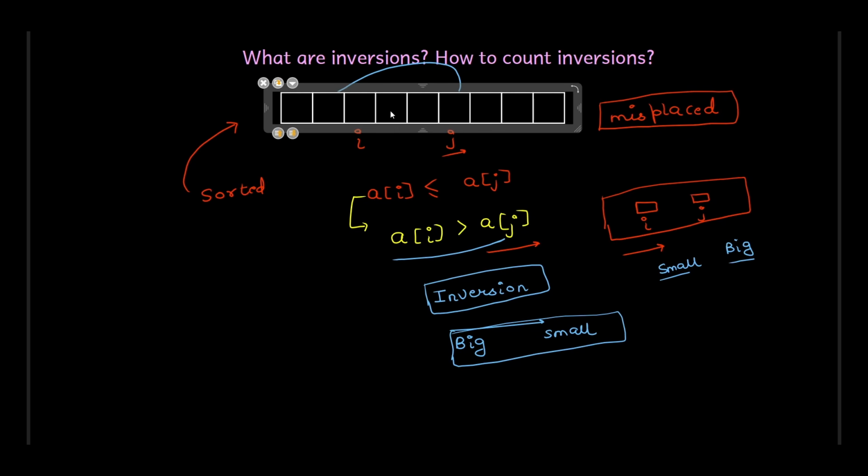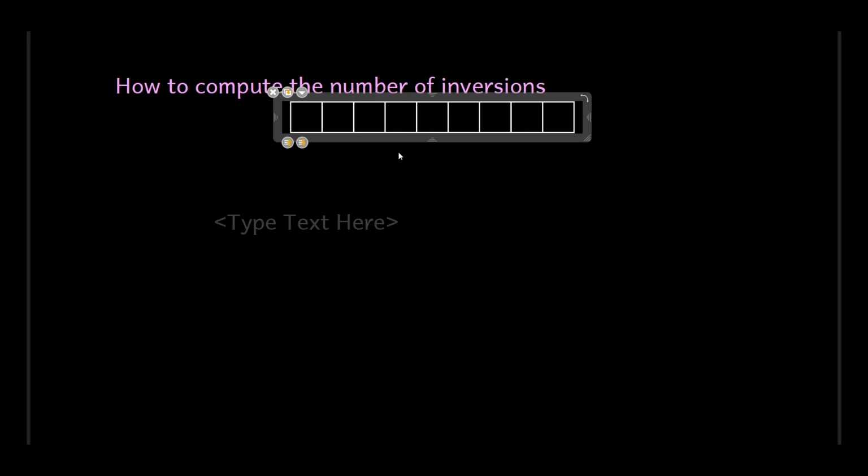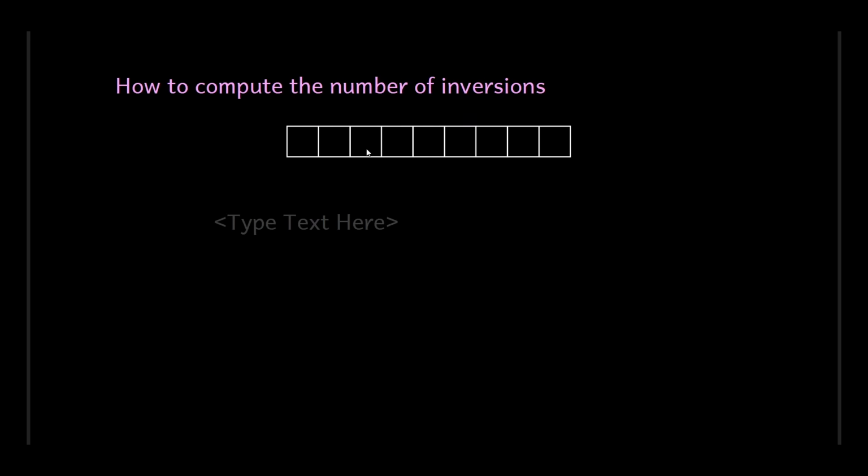All you have to check is every pair, because every pair can be inverted. There are O of n square pairs i and j in the array. So for every pair you check whether the left element of the pair is bigger than the right element or not. So the algorithm would look something like this.